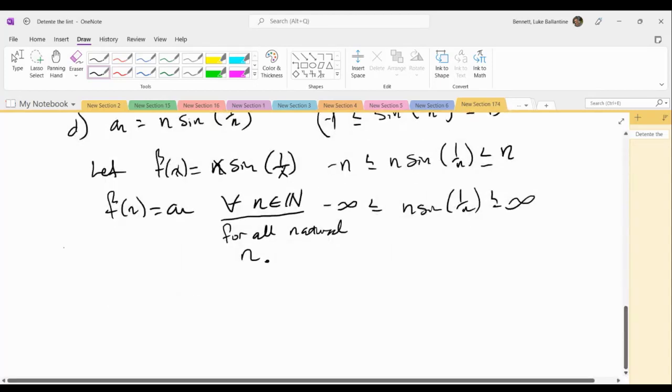So this just means it agrees on the natural numbers. This function is the same as the sequence on the natural numbers. So we're going to do the limit as x goes to infinity of x sine 1 over x. These will have the same behavior. And then we notice that this is infinity times 0. This is indeterminate.